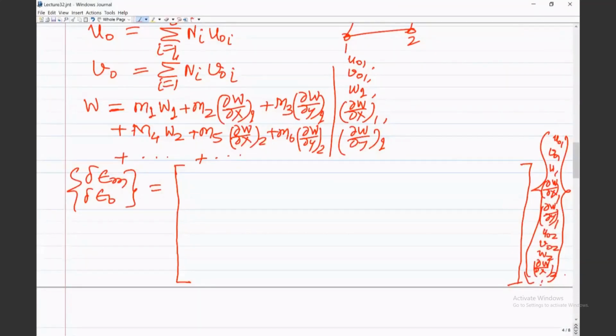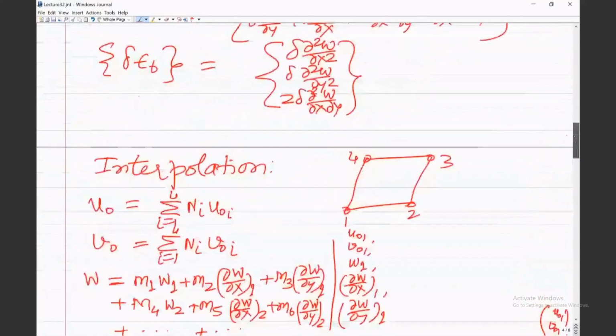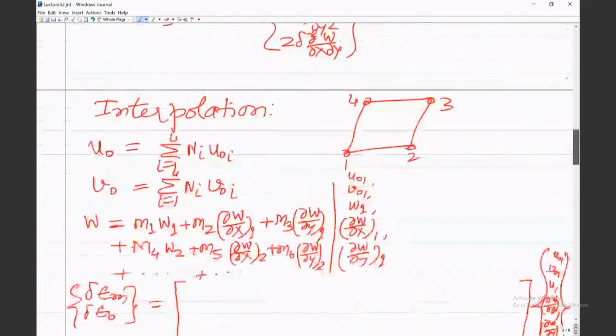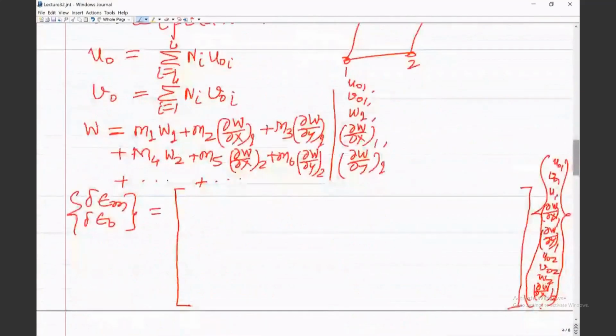So if you remember, look at this delta of epsilon m. We have linear terms. As far as linear terms are concerned, only this is the linear term in delta epsilon m. That is corresponding to basically u0. So you will have del n1 by del x, and then the remaining 4 degrees of freedom corresponding to other variables.